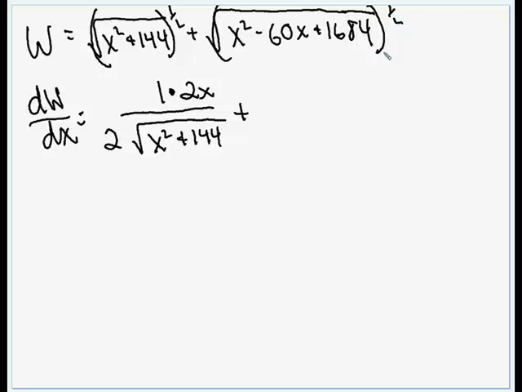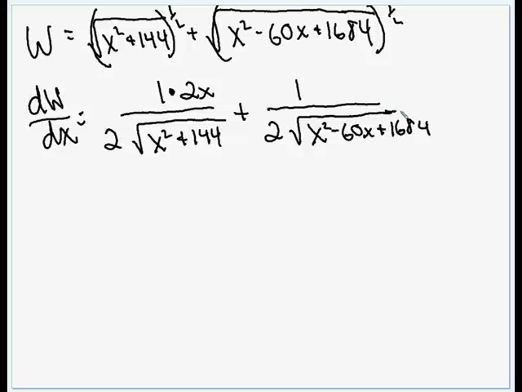We had that same thing to the 1/2 power. We're going to have 1/2 up top, and then that radical unchanged in the denominator. And now our inner function's derivative is 2x minus 60.